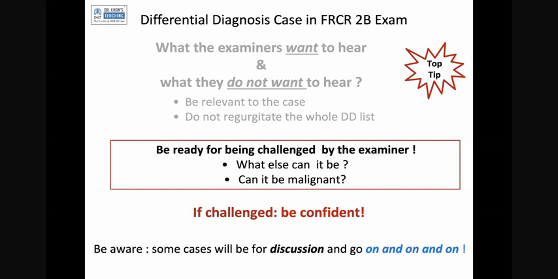You have to give them a differential diagnosis on that particular case, and you cannot regurgitate the whole differential diagnosis. If you are challenged, the examiners can ask you, even in another context, can it be this, can it be that, can it be malignant? You have to be confident and stay with your reasonable opinion.